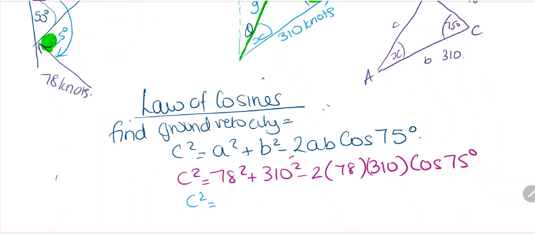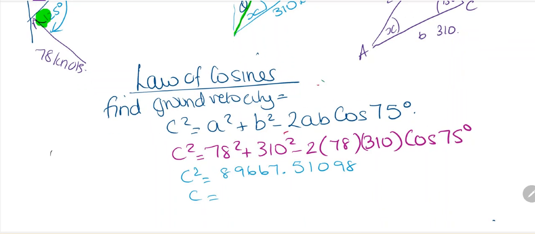So if we work that out, c squared is equal to 89667.51098. And if we take the square root of that, we will have 299.44 or 45 knots.